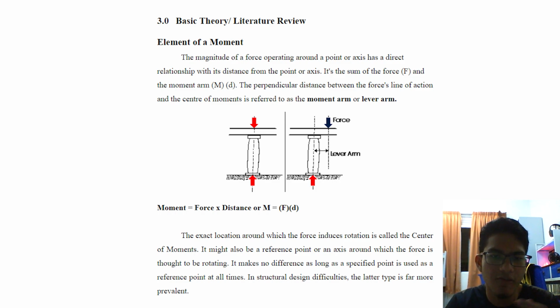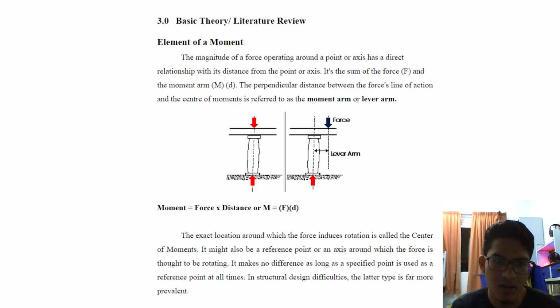The location around which the force drives the rotation is called the center of the moment. It may also be the reference point around which the force is considered to rotate.